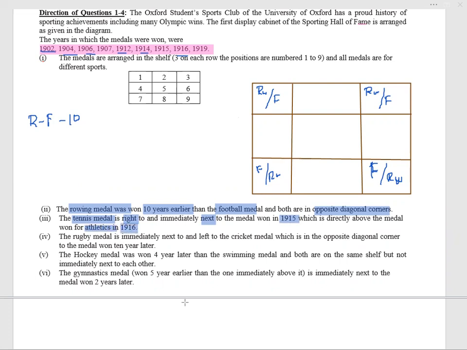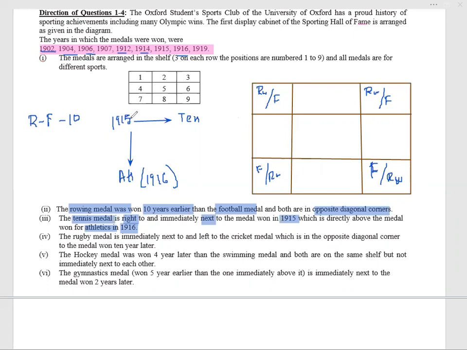So let me make an arrangement for this. It will look like this one. Here we have tennis. Here we have athletics, which is 1906, and 1916, and this is 1915.